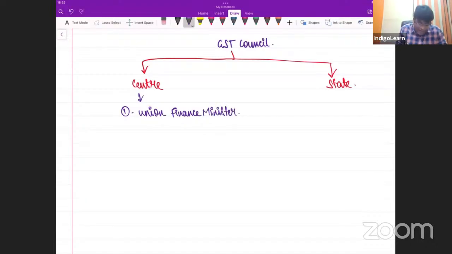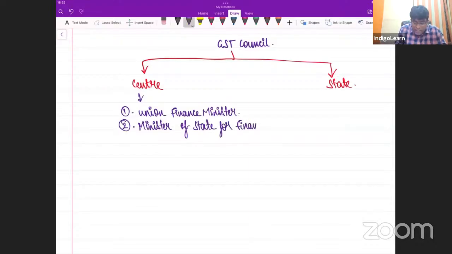Second, the Minister of State for Finance. By seeing that word state, don't think he's a state level person. He is a central level person only, but his designation is Minister of State for Finance, somebody like a deputy finance minister.